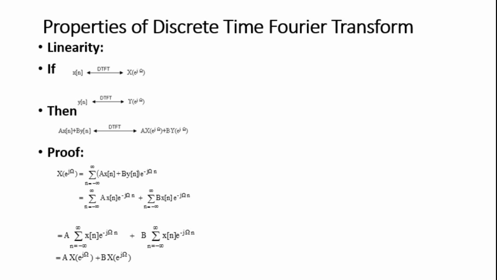Next, we are going to discuss the properties of the discrete time Fourier transform. So, the first property is linearity.